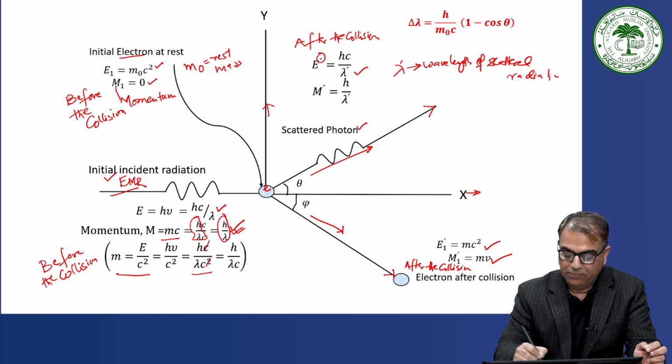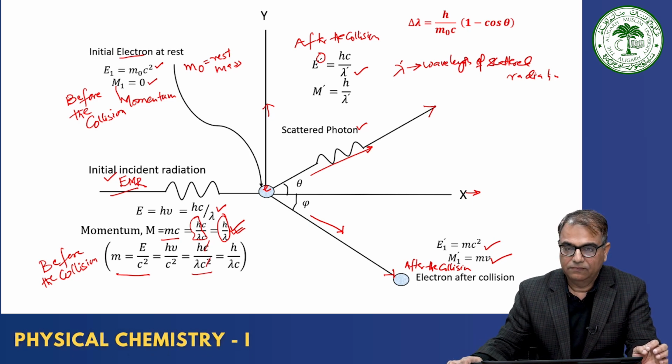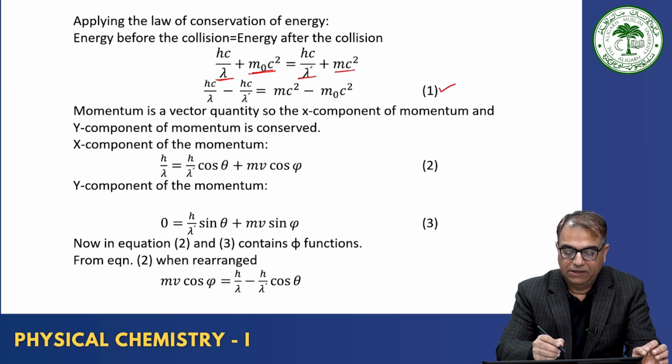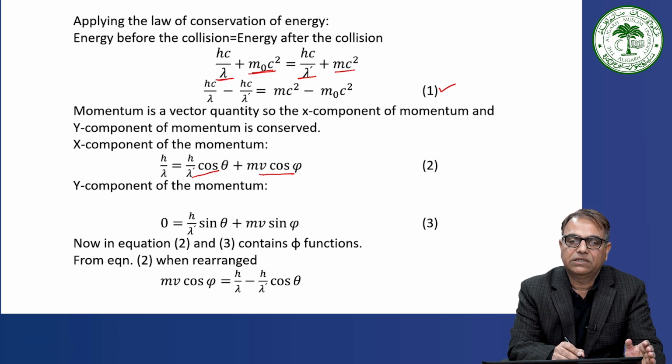So we take the x component of mv and the x component of h divided by lambda prime, which is h divided by lambda prime cos theta and mv cos phi. So the x component becomes like this. Before the collision, the electron is at rest, so there is zero momentum. Electromagnetic radiation is along the x-axis, so that doesn't change: it is h divided by lambda.